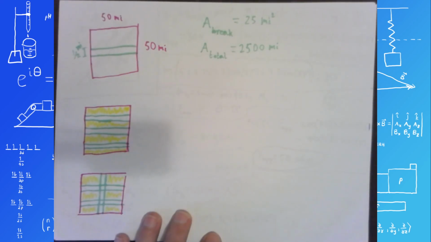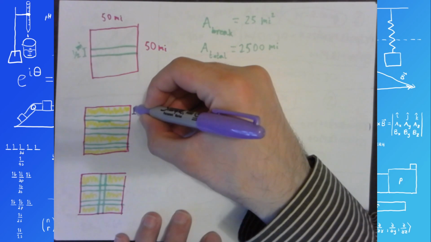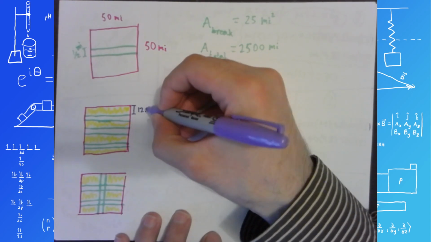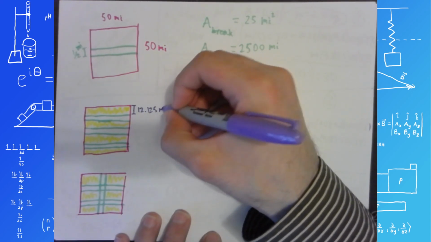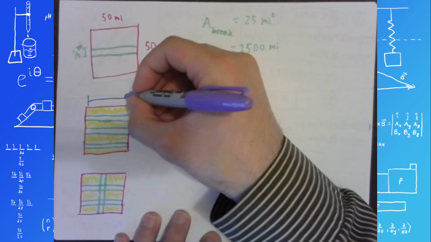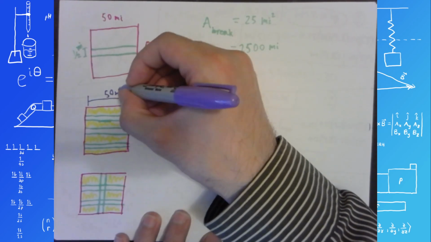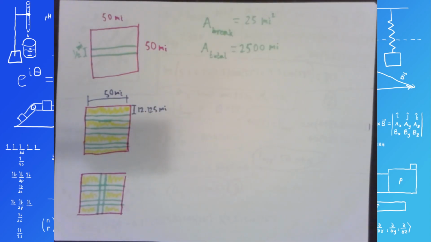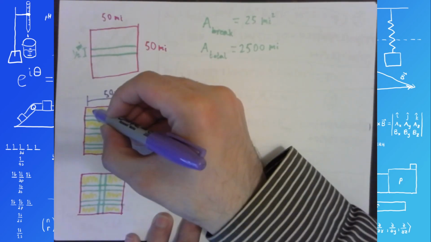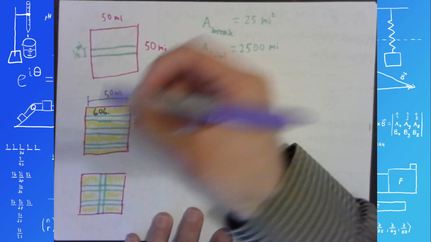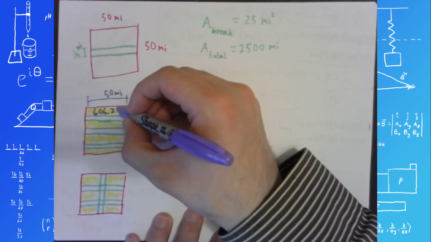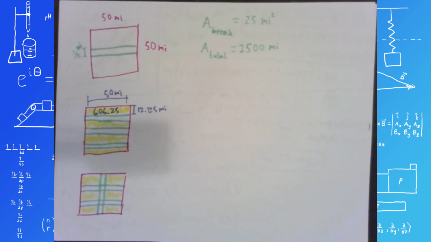So each of these sections is, again, not drawn to scale, 12.125 miles by 50 miles. So if a fire starts in one of these yellow regions, then I stand to lose 50 times 12.125 equals 606.25 square miles.